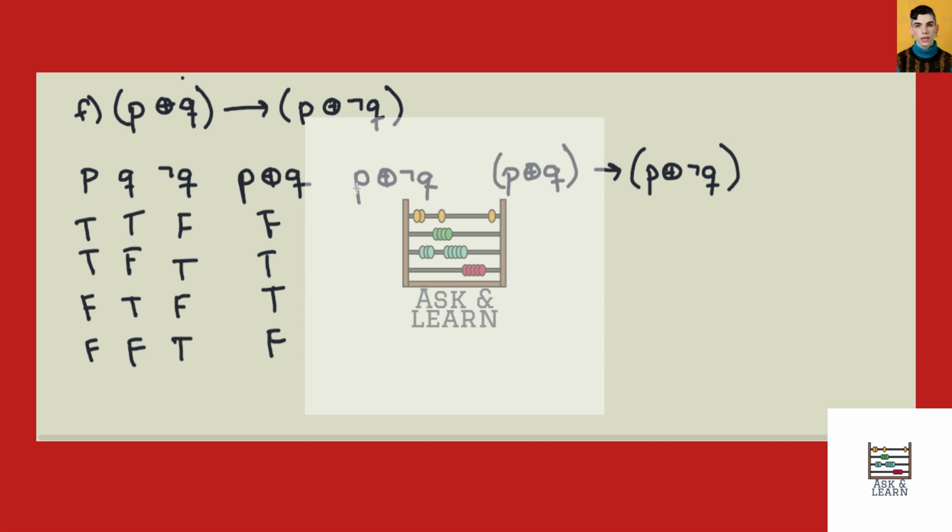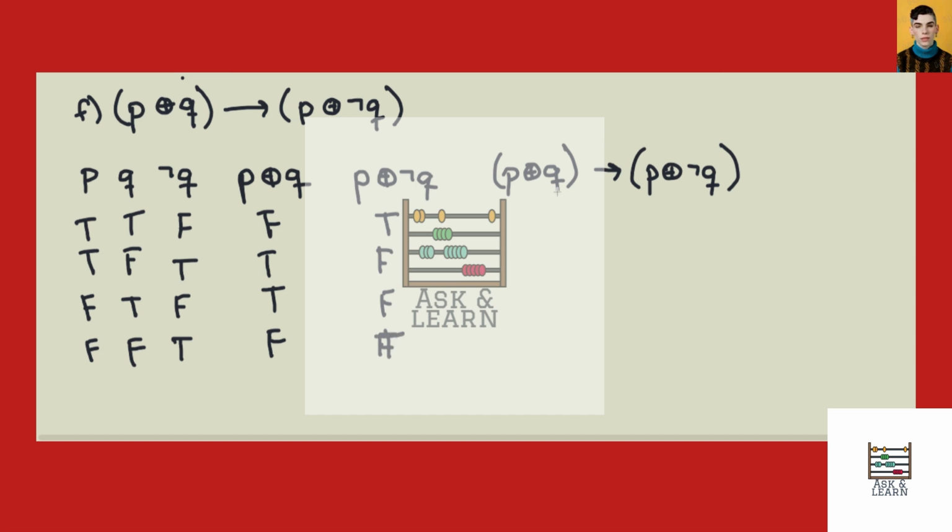The next one is the proposition P exclusive or negation of Q. So now we're looking at the first column and the third column. So this will be true, false, false, true, false, false, and false. Now we look at the entire combination. So this one will be true.